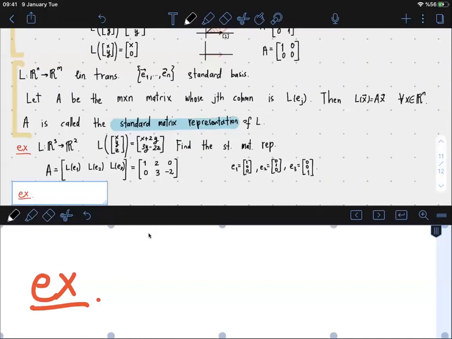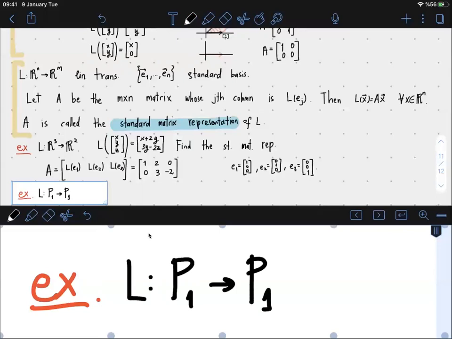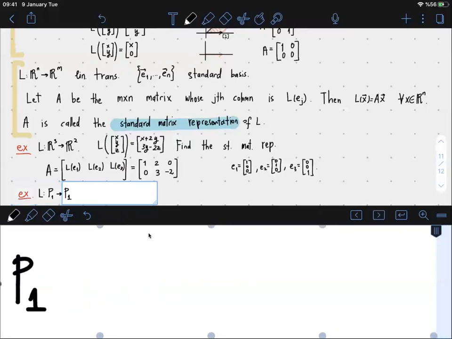Okay, let's look at L from P1 to P1. Okay, so what is P1? So these are polynomial spaces, right? So suppose that this is a linear transformation.